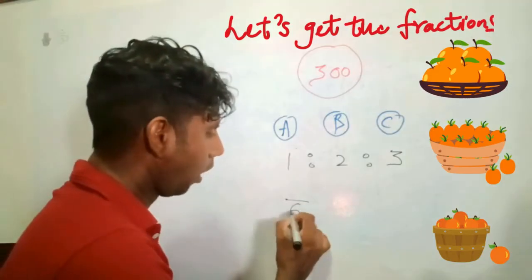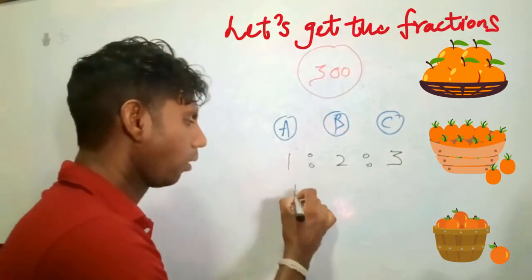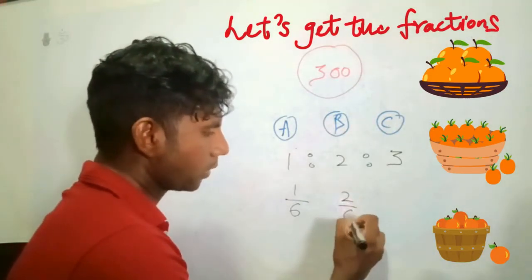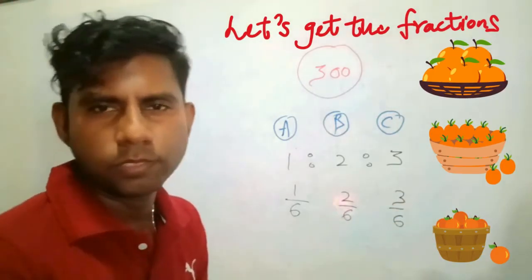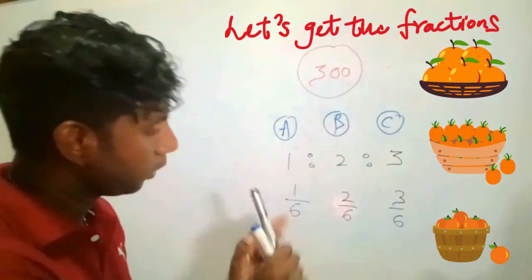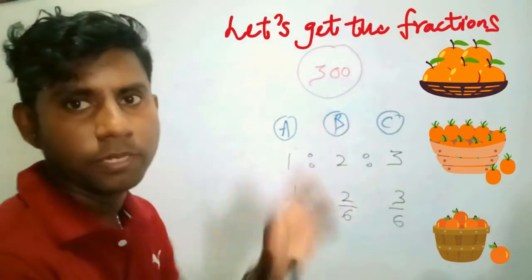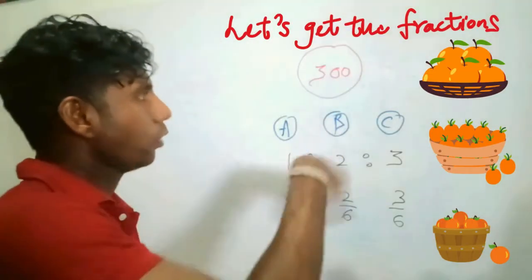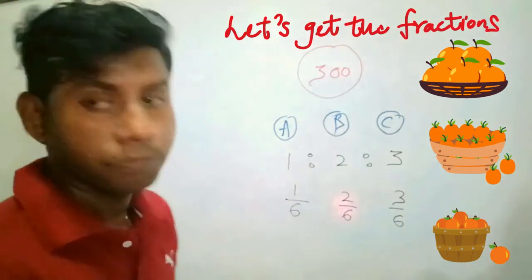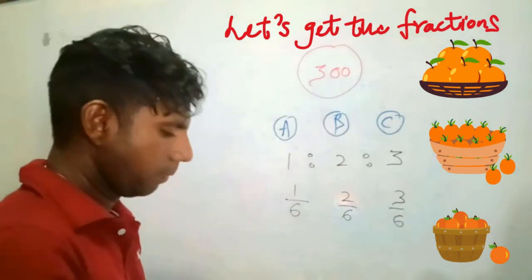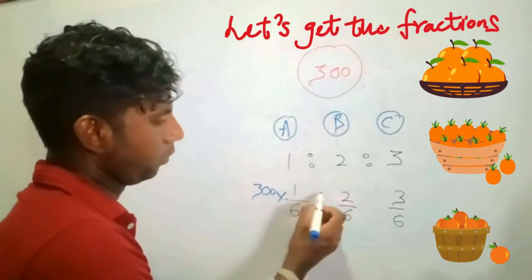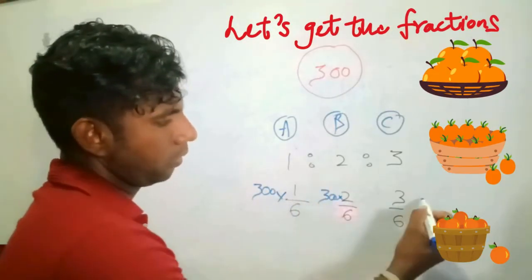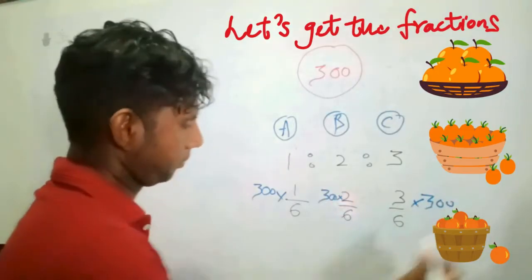6 goes down as the denominator, so 1/6, 2/6 and 3/6. That's the fraction we need. By using these fractions we distribute the oranges between A, B, C. So it's 1/6 of 300, 2/6 of 300 and 3/6 of 300.